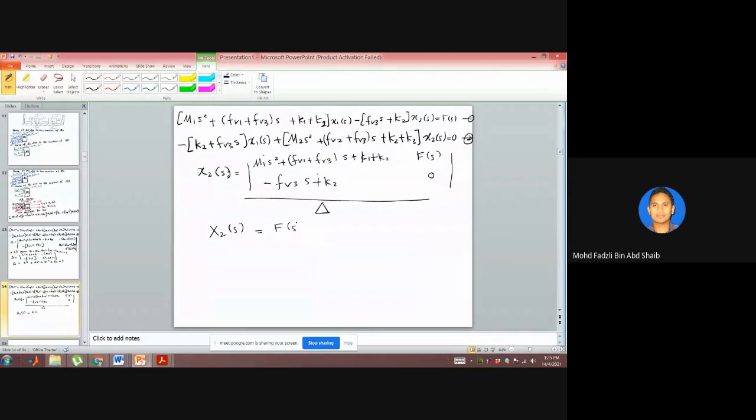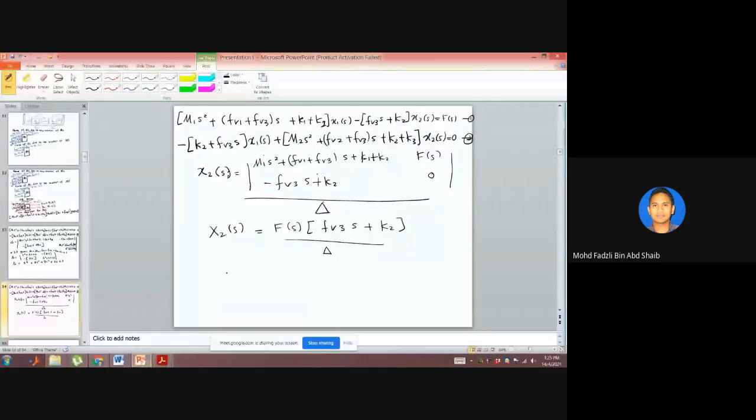Right. X2S equal Fs times S plus 1 over determinant, right?